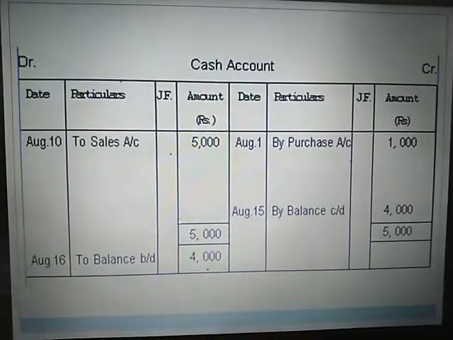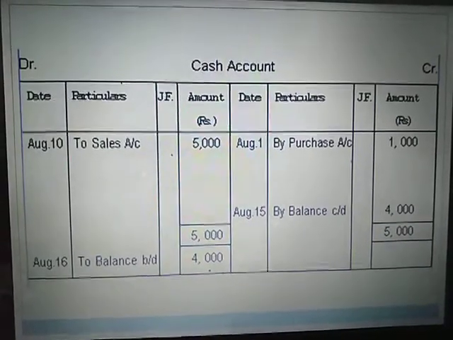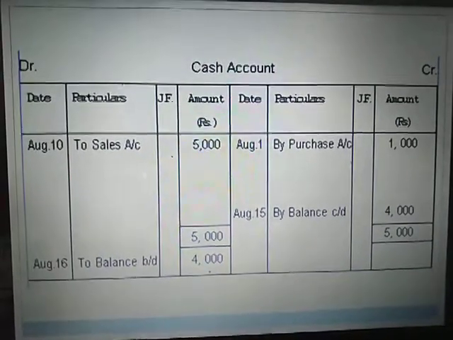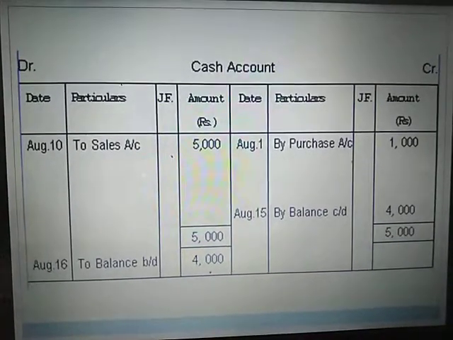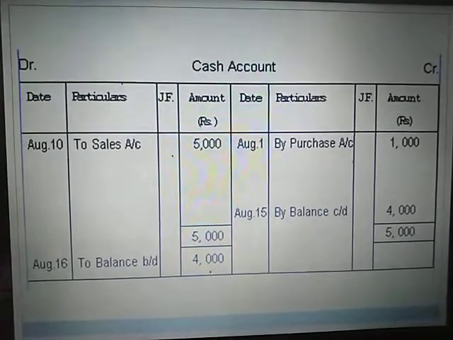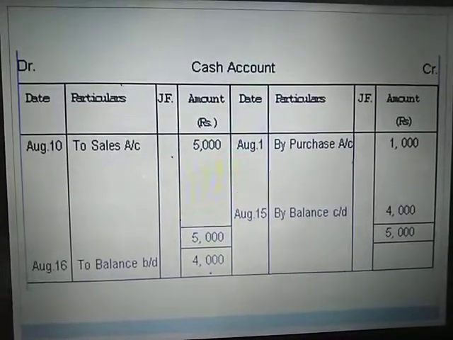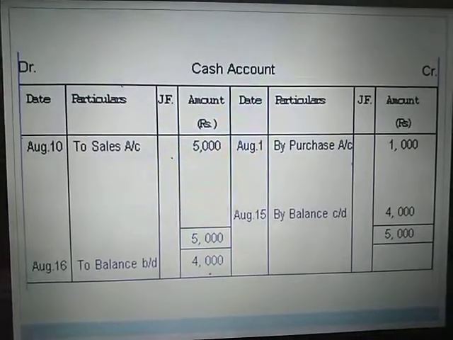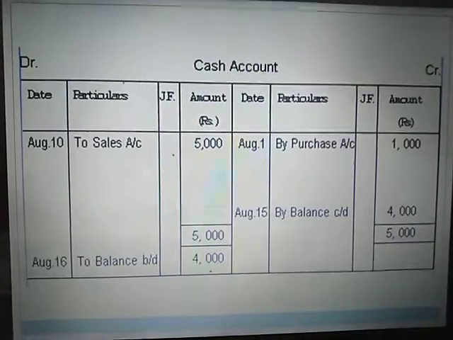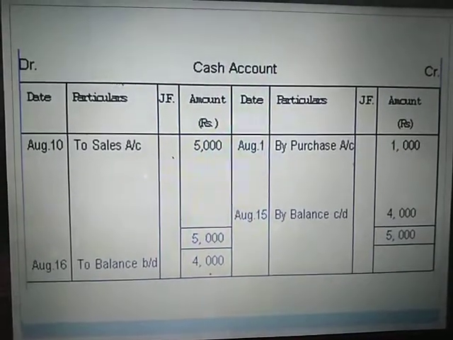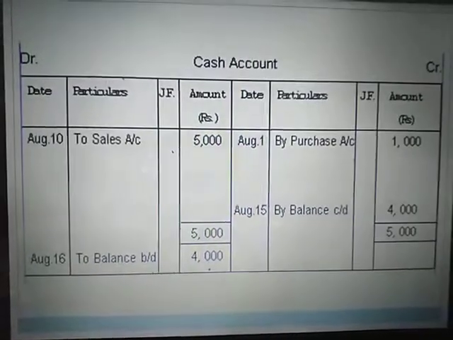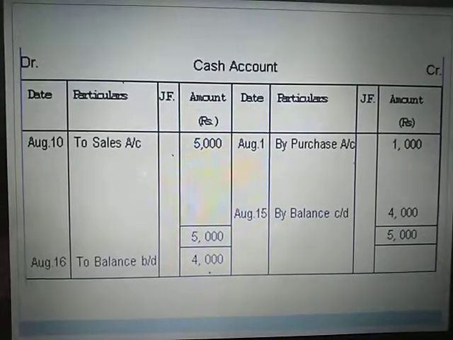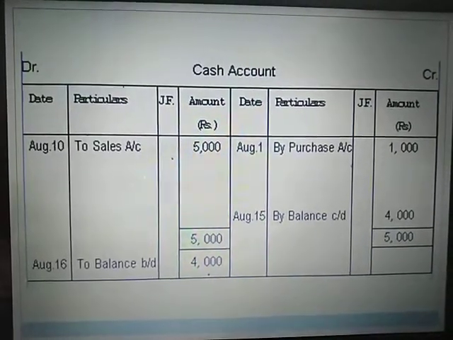Okay, and then in order to balance it, on August 15, not the end of the month, we are just balancing it. For example, we have taken August 15, but generally we do it at the end of the period. So by balance CD we have to put here 4,000, so that both my debit side and credit side become equal, 5,000 and 5,000.